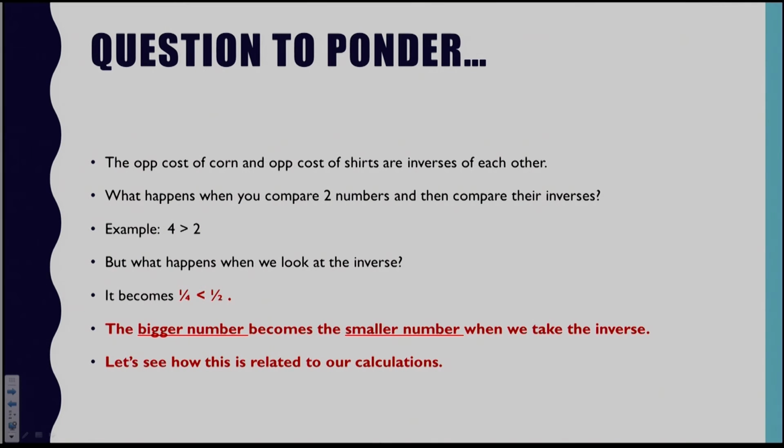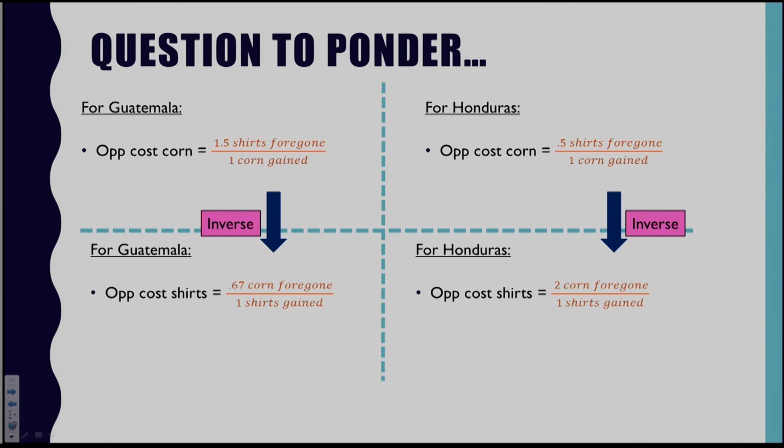All right, let's now apply this to our opportunity cost calculations. So back to our opportunity costs. On the left, I've got Guatemala, and on the right, I've got Honduras. Now, look at just the left side. We've got opportunity cost of corn and opportunity cost of shirts. And as you see with my big blue arrow and my big pink note, these are inverses of each other. And on the right, opportunity cost of corn for Honduras and opportunity cost of shirts for Honduras, these are also inverses of each other.